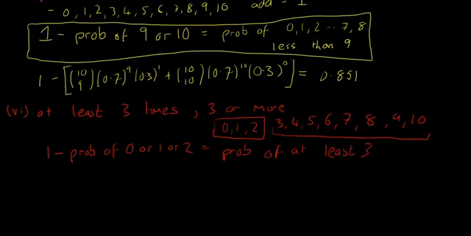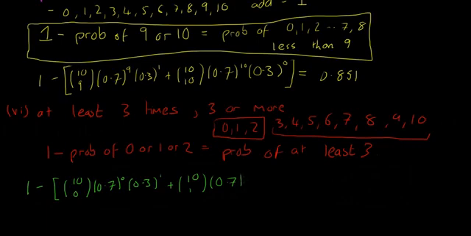I'll just go green. It's going to be 1 minus and then big square brackets. It's going to be 10 choose 0, 0.7 to the power of 0, and then 0.3 to the power of 10, plus 10 choose 1, 0.7 to the power of 1, and 0.3 to the power of 9. Sorry, that should be to the power of 10 here, my mistake.